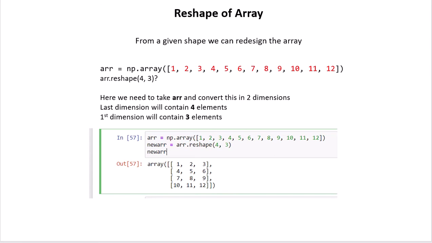When you're saying 4 3, it gives us three different pieces of information. First, that we want to convert this into a two-dimensional array. Second, that the outermost or last dimension, the biggest dimension, contains 4 elements. The first dimension contains 3 elements. It's pretty straightforward.